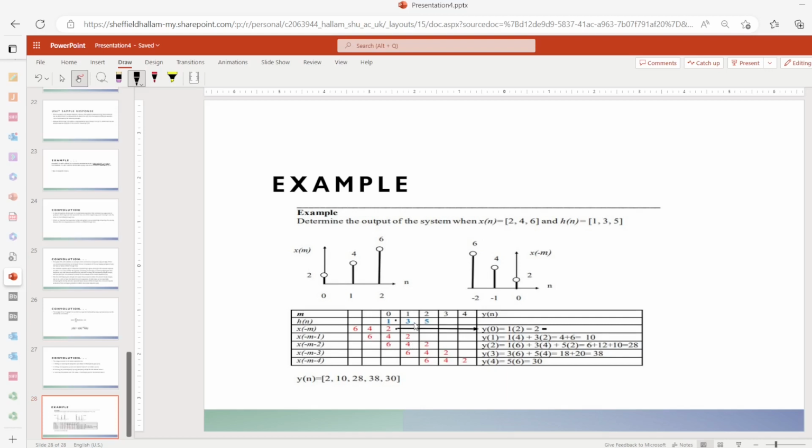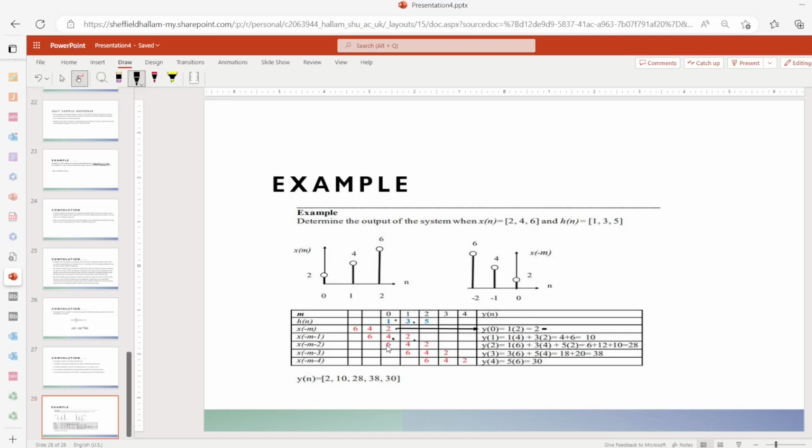Then multiply 1 times 4 plus 3 times 2, which is 4 plus 6, equals 10.